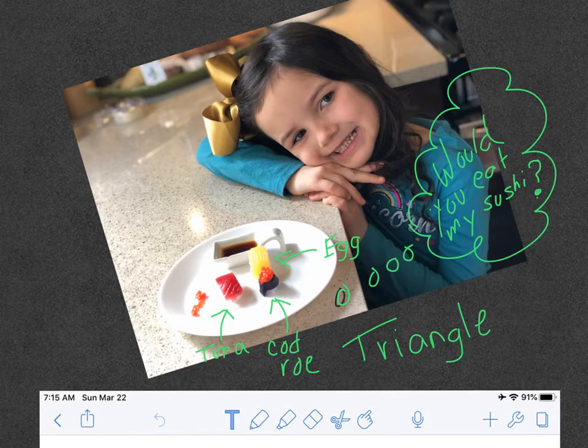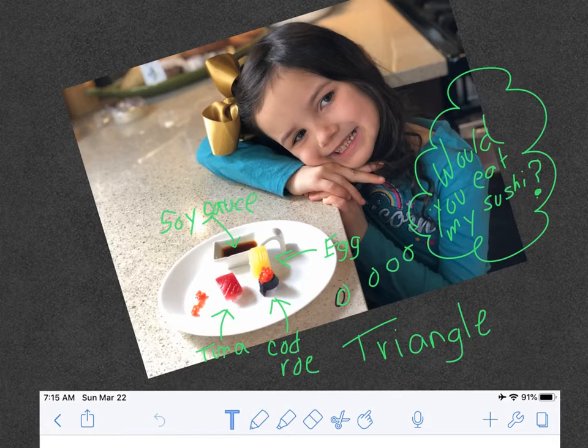All of what you see on the plate there is not really sushi. This is soy sauce, but it actually tastes like Coca-Cola. And the rice that was underneath the tuna and the egg tasted like grapes. And the fish eggs really tasted kind of like those little things that you get at Sincerely Yogurt that are like little round spheres that are like jelly. And so they had this orangey taste.